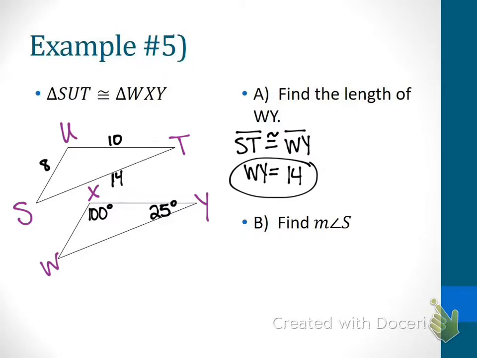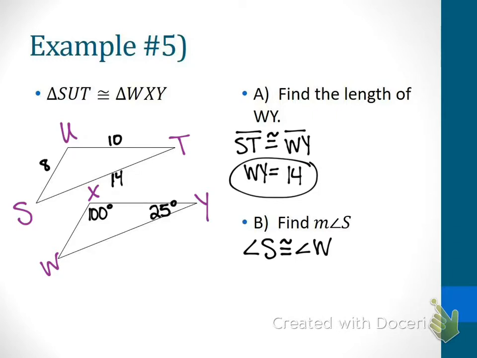Okay, letter B asks us to find the measure of angle S. Well, angle S better be congruent to which other angle? W, good. So first letter, first letter. Do we know angle W?